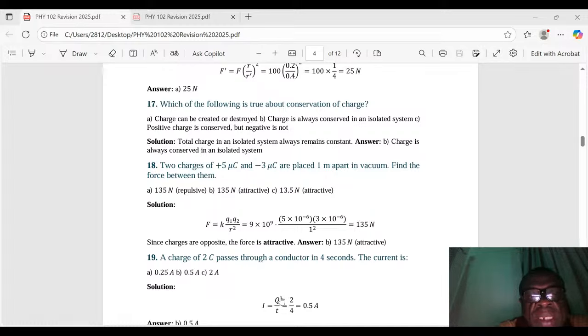You know that current is Q over T. I is equal to Q over T, and the charge is 2, time is 4. So we divide 2 by 4, and we'll have 0.5 ampere.